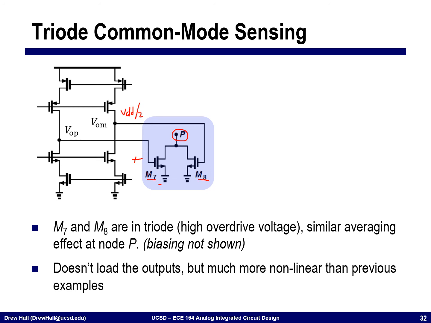However, the downside about this approach is that it's very nonlinear. It's nonlinear in the sense that RDS in triode is fairly nonlinear itself, and it's very voltage dependent, which if you have a lot of voltage swing here can cause this triode common mode feedback to also be nonlinear.